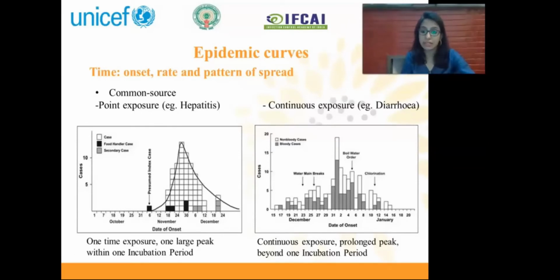Once you detect it and identify the reason for it, for example, that the water main line broke, because of which the water got contaminated, and by the time they realized this was due to water contamination, they started boiling the water before use and chlorination. The moment they started doing control measures, the epidemic came down. Before any control measures were brought in, the epidemic was on a continuous rise because of that common source which continued to infect other people.